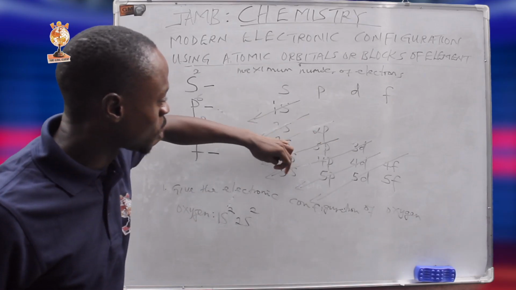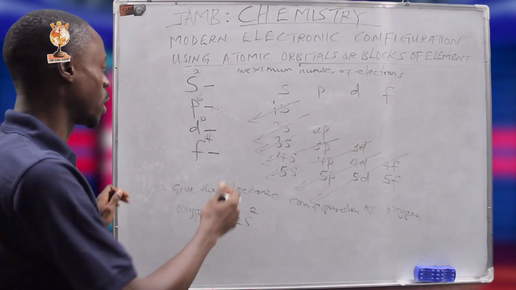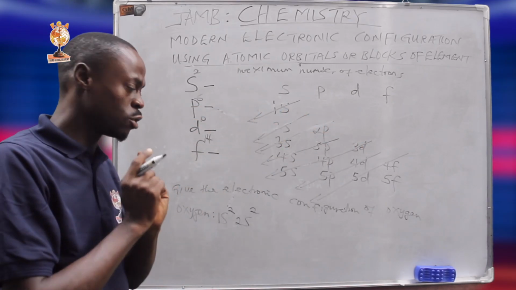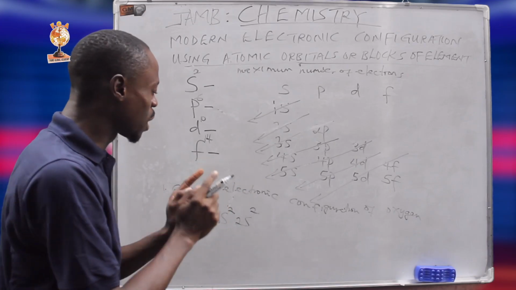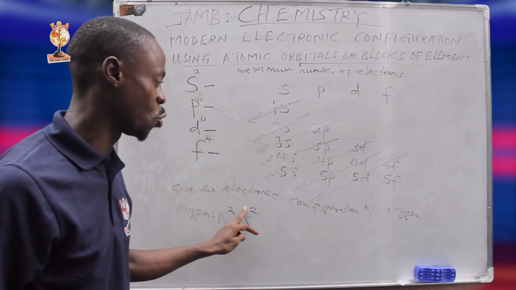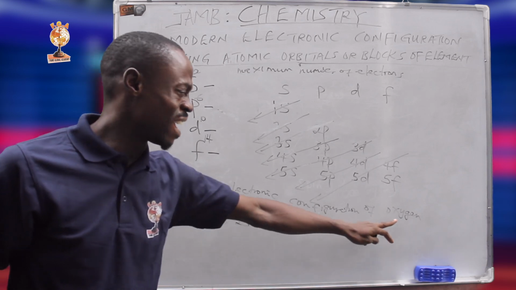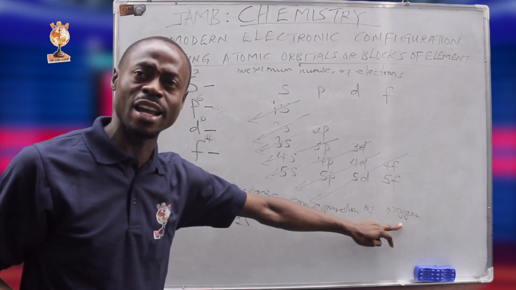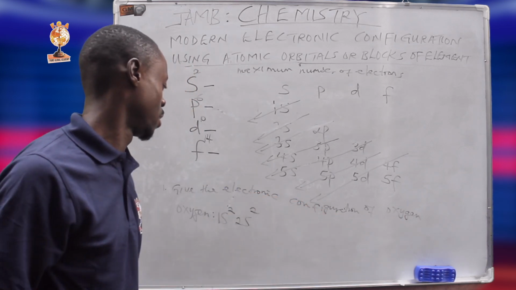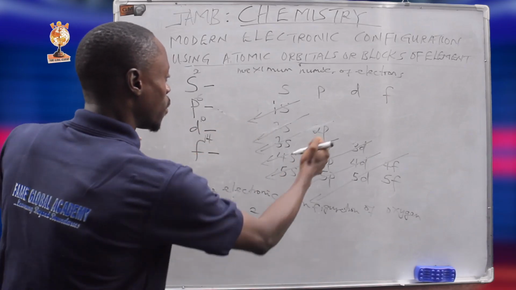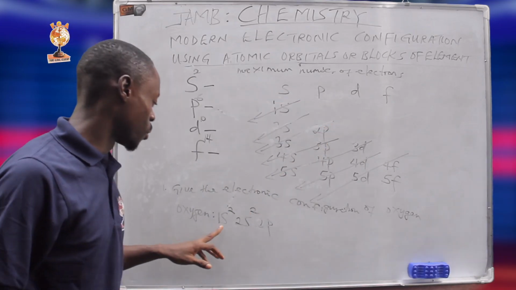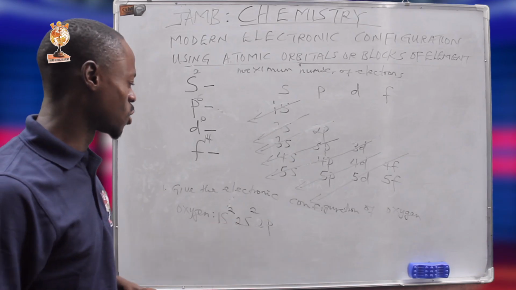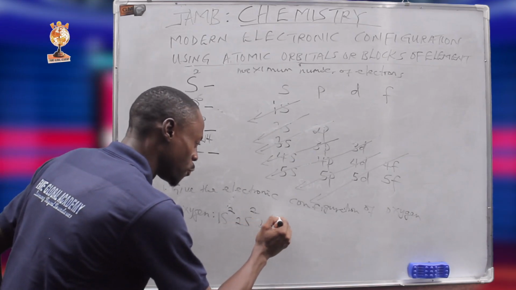But mind you, when you are picking, you keep summing up the powers to ensure that it doesn't exceed 8 electrons. Then after 2s we have 2p: 1s2, 2s2, then 2p4.